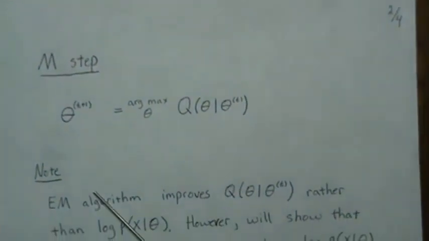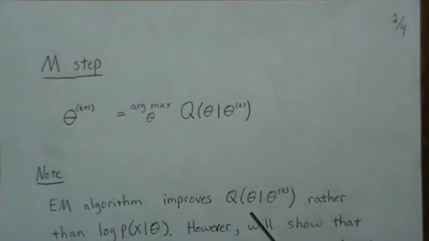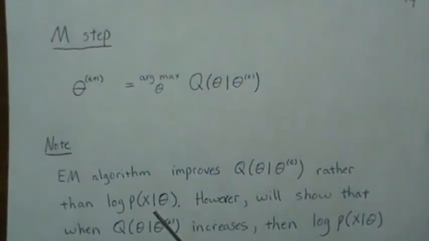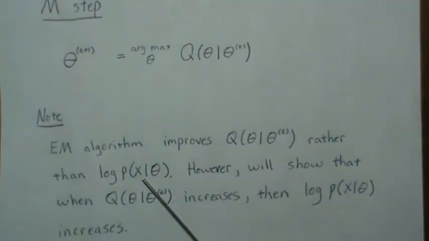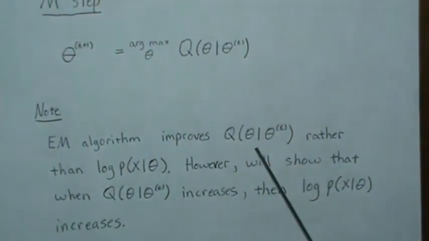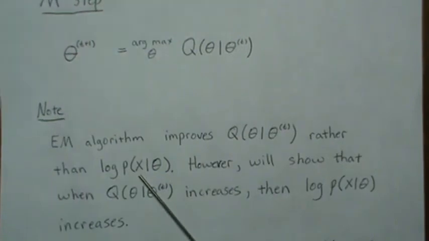One note: the EM algorithm improves this Q function, and improve means makes it larger, makes it bigger. And this is rather than the probability mass function, and the log of that. But we'll show that improving this, or making it get bigger, implies that this gets bigger.